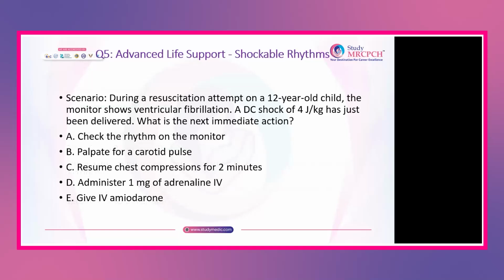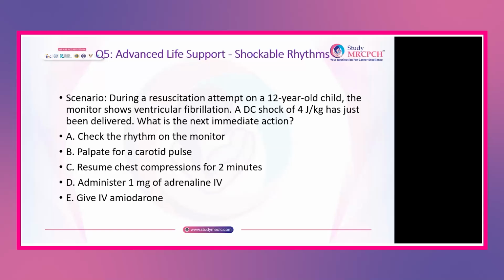Our fifth question. During a resuscitation attempt on a 12-year-old child, the monitor showed ventricular fibrillation. Ventricular fibrillation and pulseless ventricular tachycardia are shockable rhythms. So here a DC shock of 4 joules per kilogram has just been delivered.